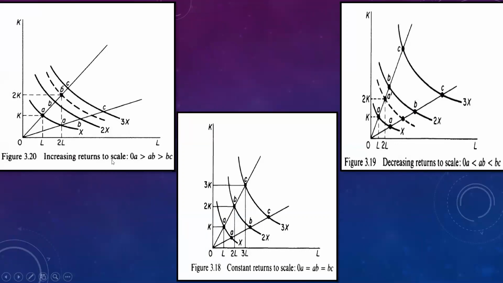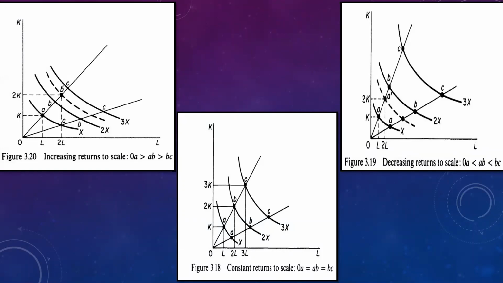In increasing returns to scale, the distance between two successive isoquants goes on decreasing. Whereas in case of decreasing return to scale, the distance between the isoquants goes on increasing. And in case of constant returns to scale, distance remains constant.